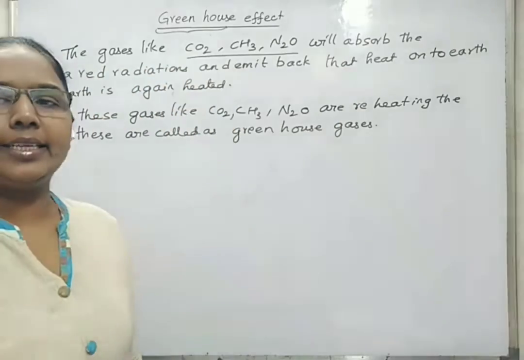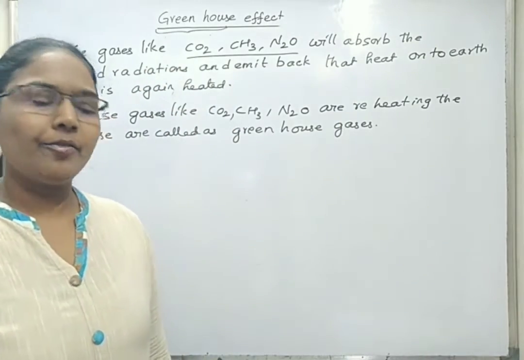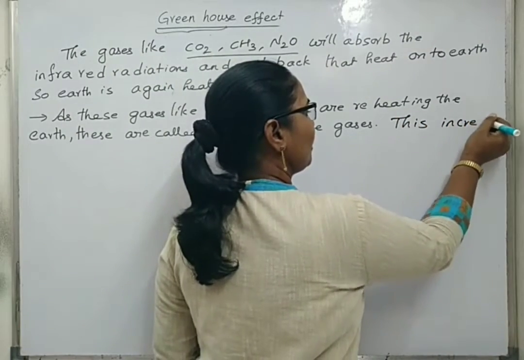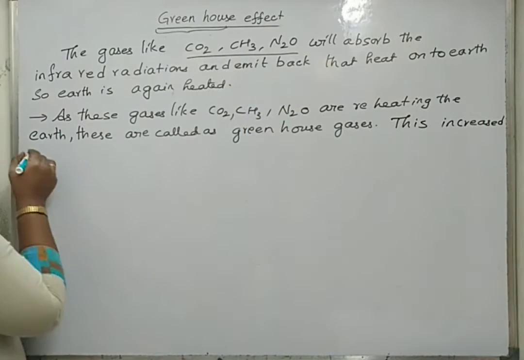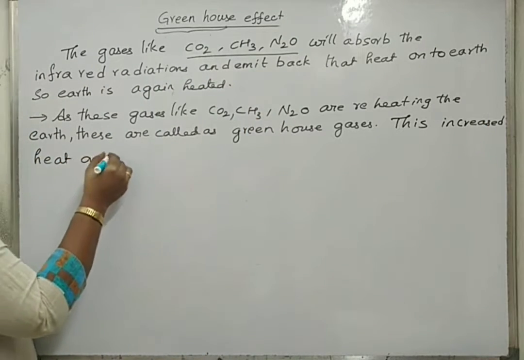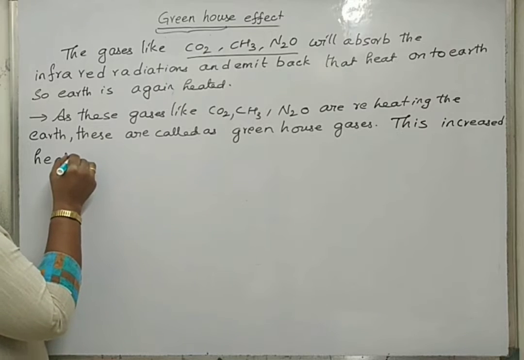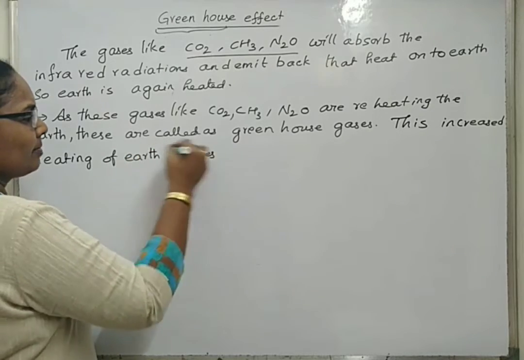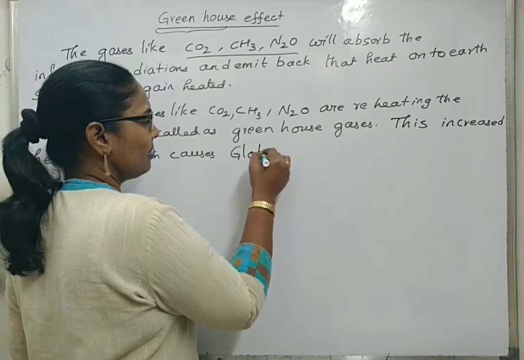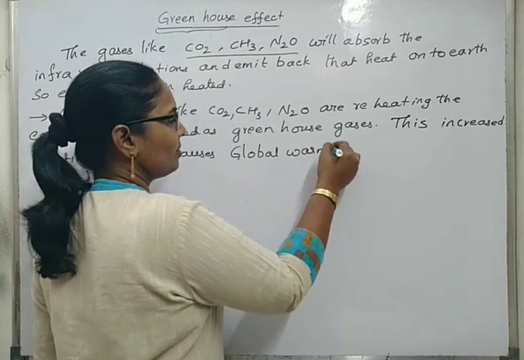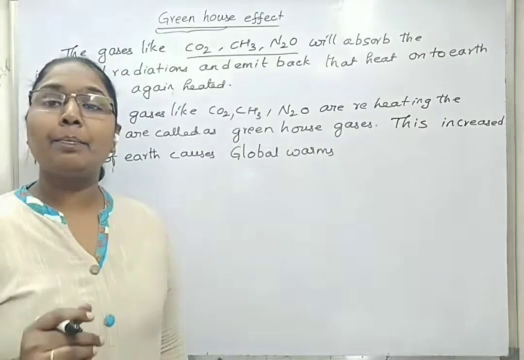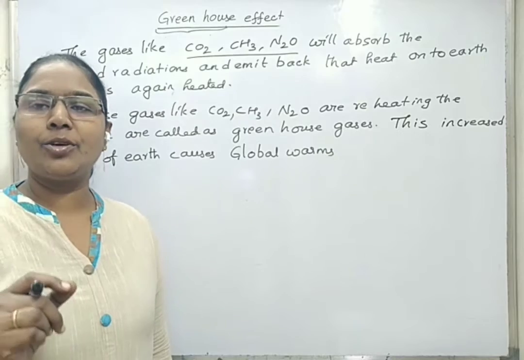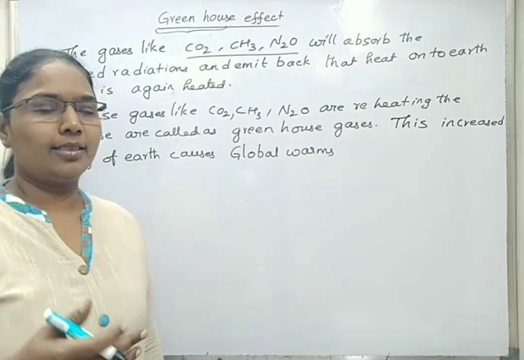This increased heating of the earth creates global warming. This increased heat on earth, or heating of earth, causes global warming. It is estimated that in the past century, nearly 0.6 degrees of temperature was increased in the earth.